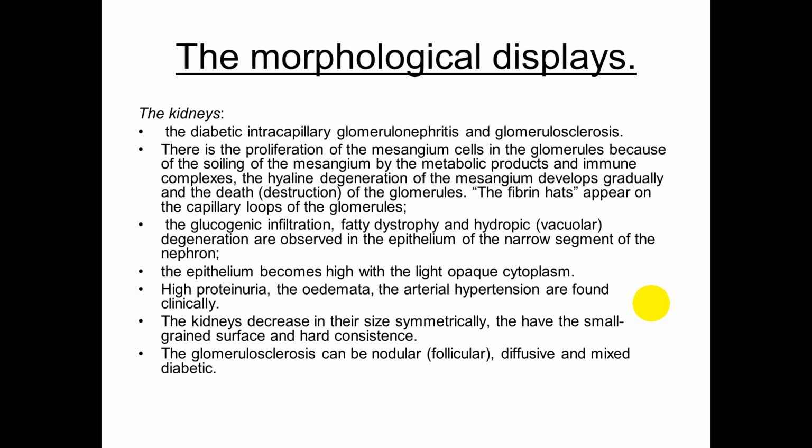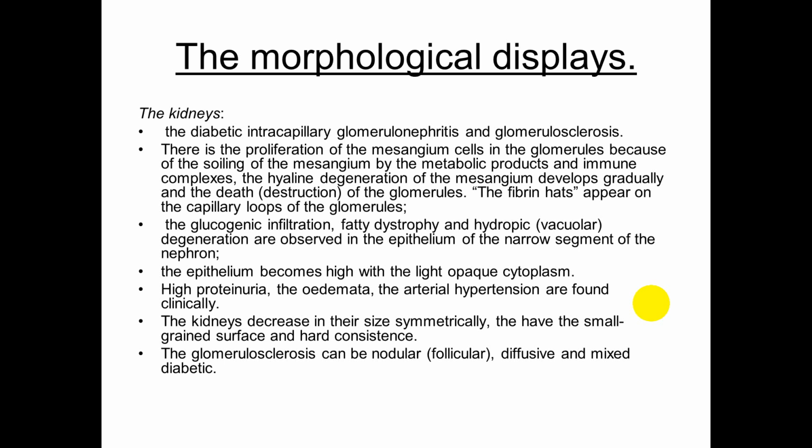The glycogenic infiltration, fatty dystrophy, and hydropic or vacuolar degeneration are observed in the epithelium of the narrow segment of the nephron. The epithelium becomes high with a light opaque cytoplasm. High proteinuria, the edema, the arterial hypertension are found clinically.